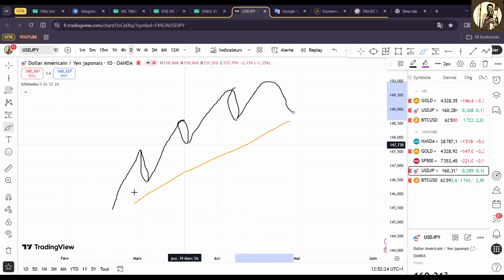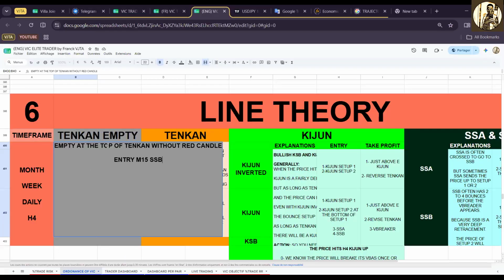At this level. So the price is above Tenkan without Tenkan being touched, so an empty space at the top of Tenkan.